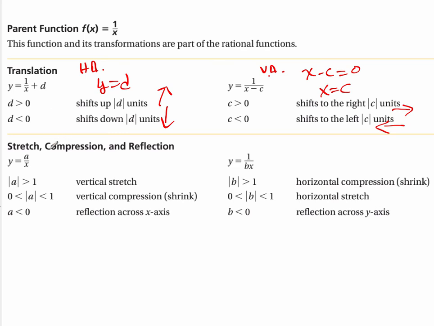You're going to have vertical compressions and stretches when you multiply by a constant. If a is positive and the magnitude of a is greater than 1, it's a vertical stretch. When a is between 0 and 1, it's a compression. And of course, when a is negative, it reflects it across the x-axis. So it'll go like this when it's negative.